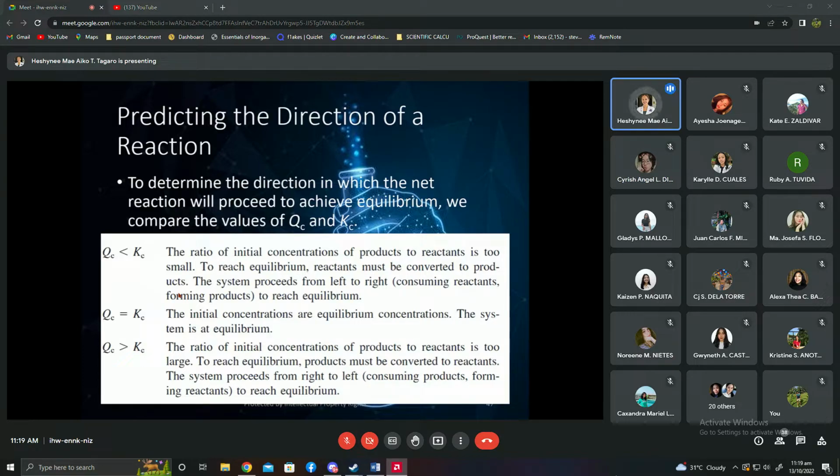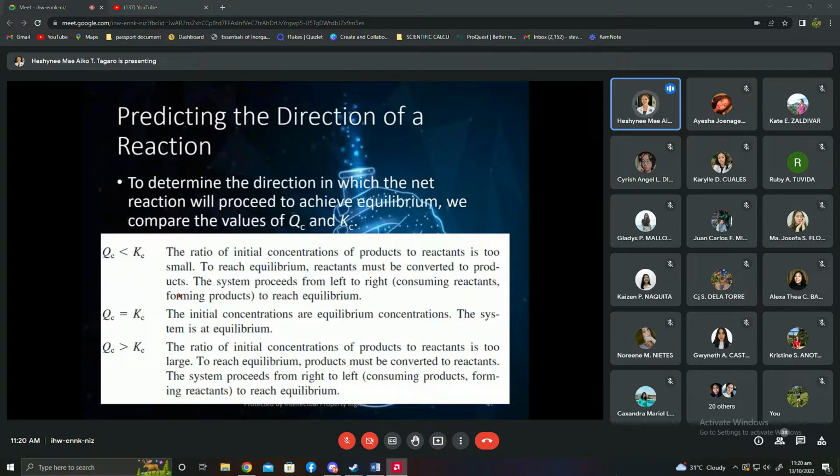Therefore, the direction of the reaction must proceed from left to right, consuming the reactants to form the products. That is why it is left to right. That is when the concentration of products is low compared to the reactants. That describes QC is less than the value of the KC.